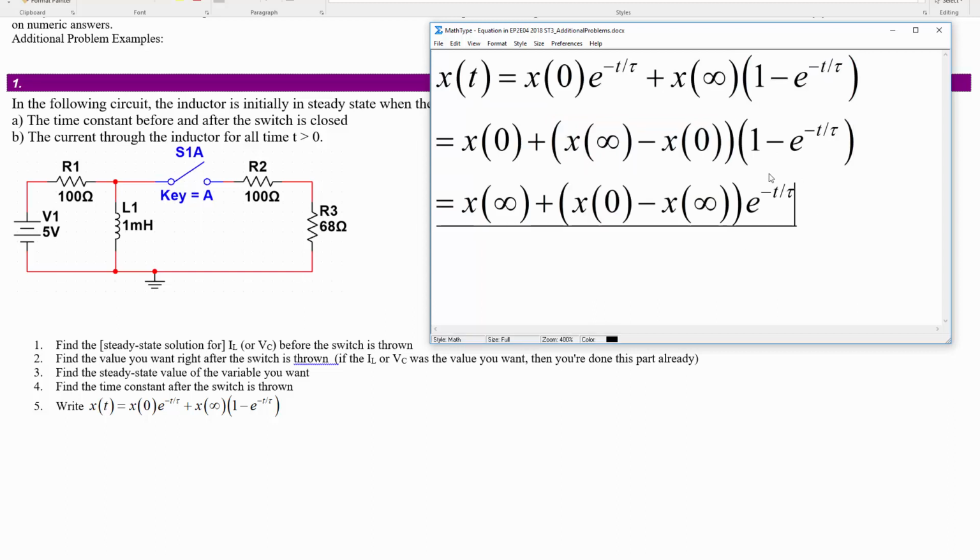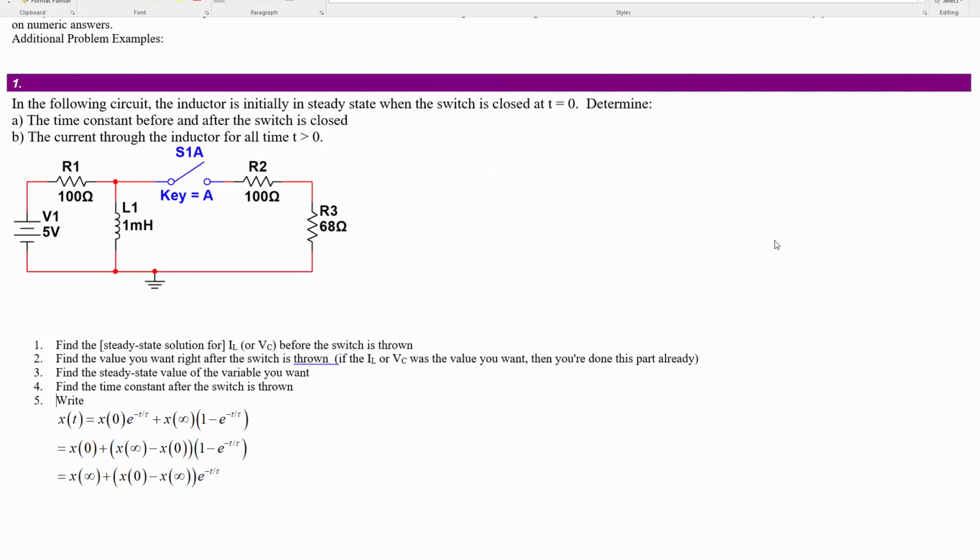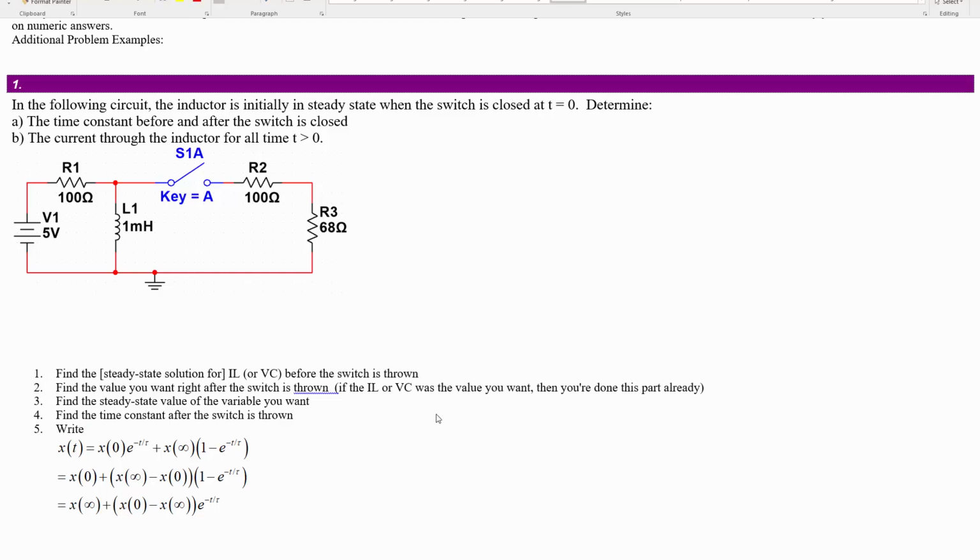And if you were to distribute the exponential terms across these products here and then simplify, you can see that all these forms are actually equivalent. Depends on which version you feel like, which one you want to use in the moment. So write any of those things to get your expression for the variable that you're looking for for all time. So for this problem in particular, we're going to figure out the time constant before and after the switch is closed, and then we're going to find the current through the inductor for all time.